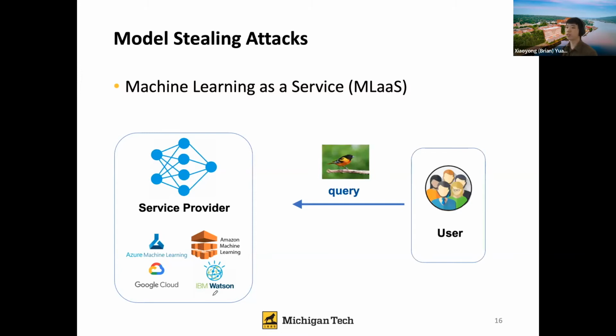Normal users can query these service providers, and the service provider provides the predictions for these queries. For example, the user can send an image of a bird to the service provider, and the provider will provide a prediction whether this image is a bird image or a tiger image. This type of service is called machine learning as a service.